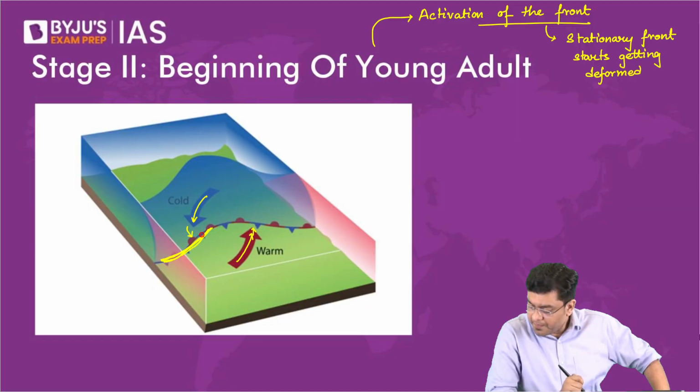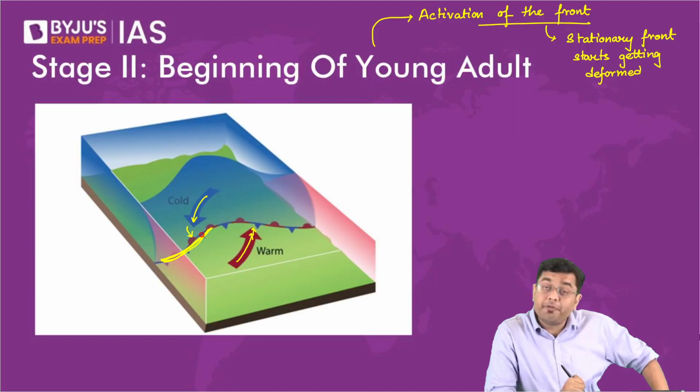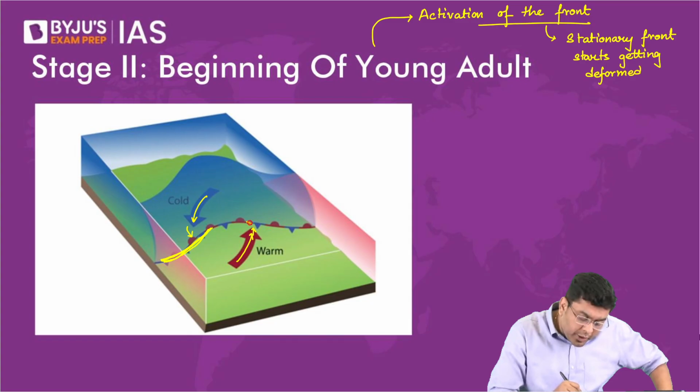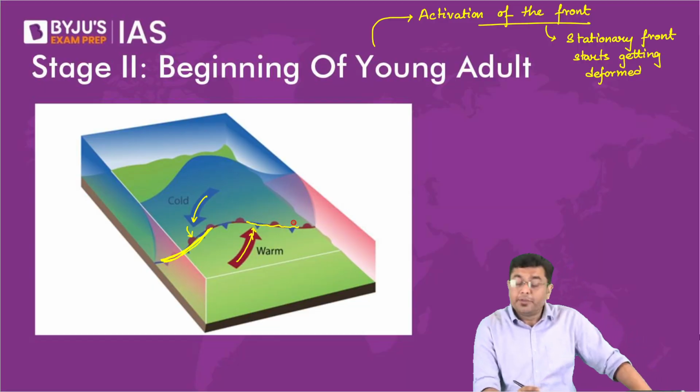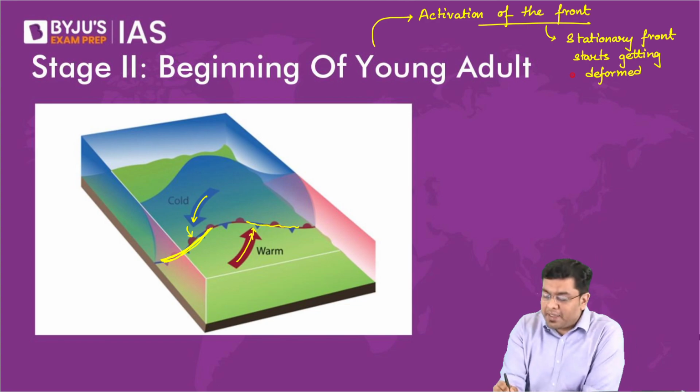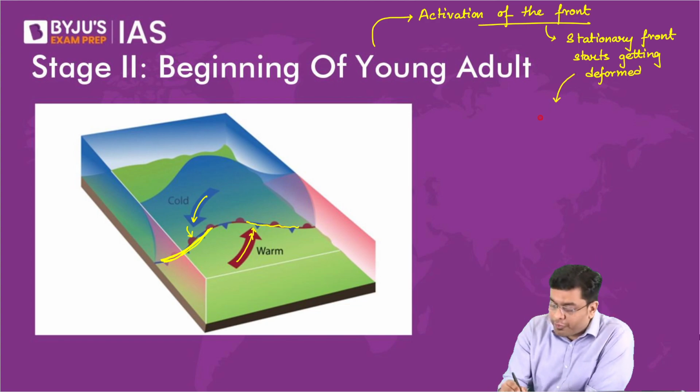Very good. You will have a cold front getting created because it is the cold air which is getting activated. In this region, what kind of front will get created? A warm front will get created because the warm air is getting activated, isn't it? So this leads to simultaneous formation of cold and warm front.